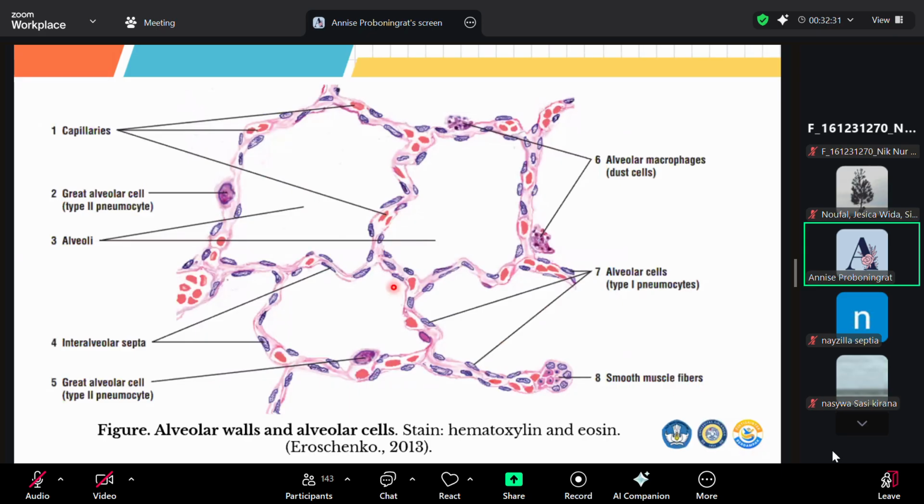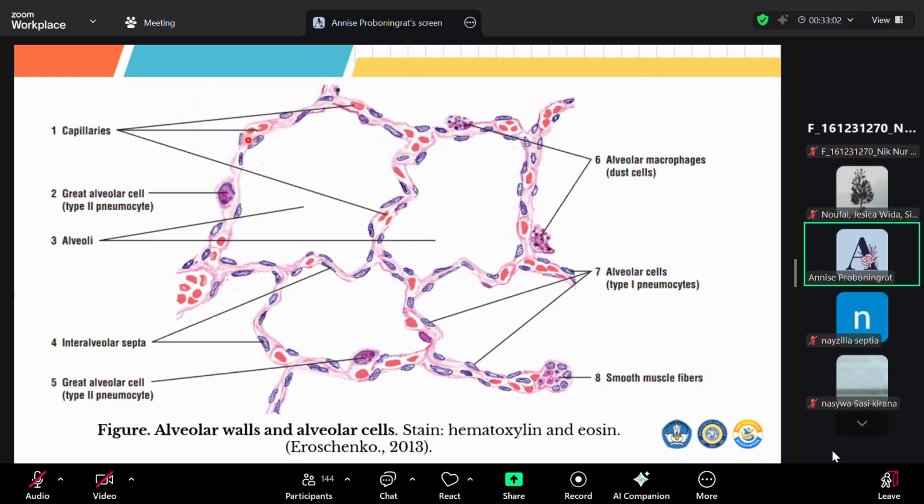And this is the structure of alveolar walls and the alveolar cells. Alveoli are lined by thin septa. In the septa there are some simple structures like blood capillaries.